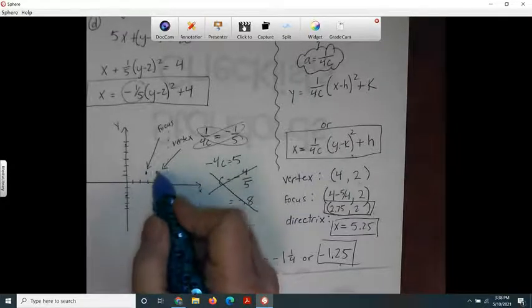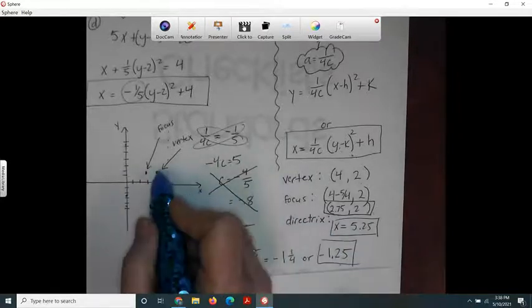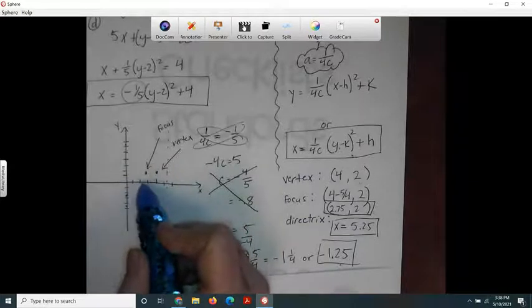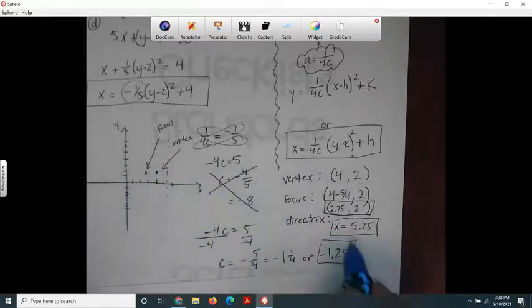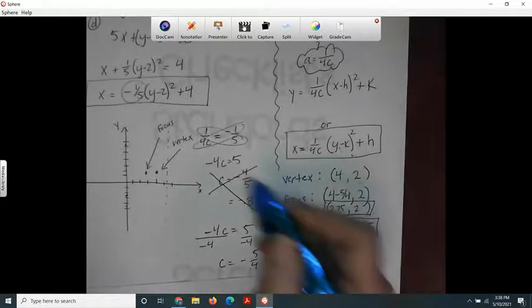So this distance is also c. It's 1.25. Well, it's going to be in the positive direction. So we can just go 4 plus 1.25. So that gives me 5.25. So that's my directrix.